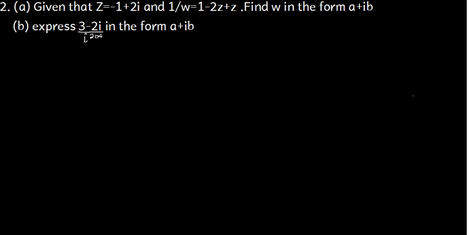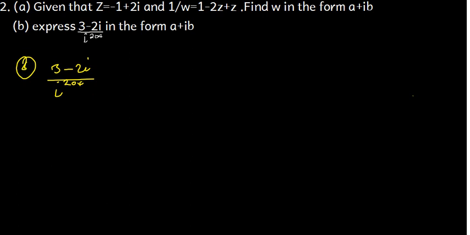Express (3 minus 2i) over i to the power 204 in the form a plus ib. So the first thing that we want to do is simplify this one. Is i to the power 204 equal to i, negative i, 1 or negative 1?